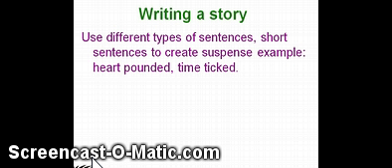There's a variety of sentences that we could use, but most sentences could be written short. However, it doesn't mean at all that we are not going to use compound and complex sentences. But when you write short sentences, they create suspense, like "heart pounded" or "time ticked."